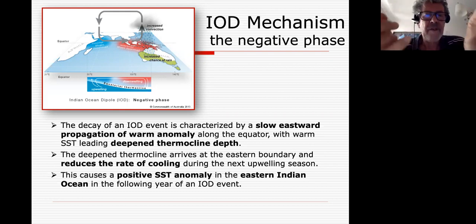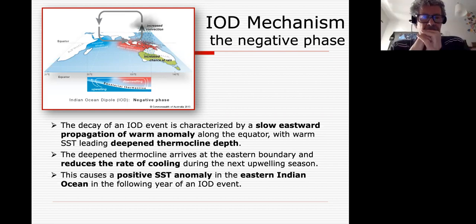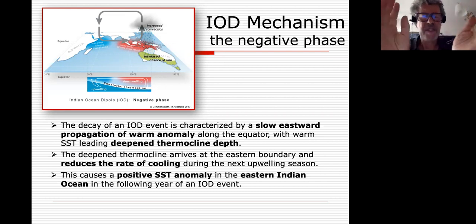So we have a reversal of the anomaly in the atmospheric circulation.